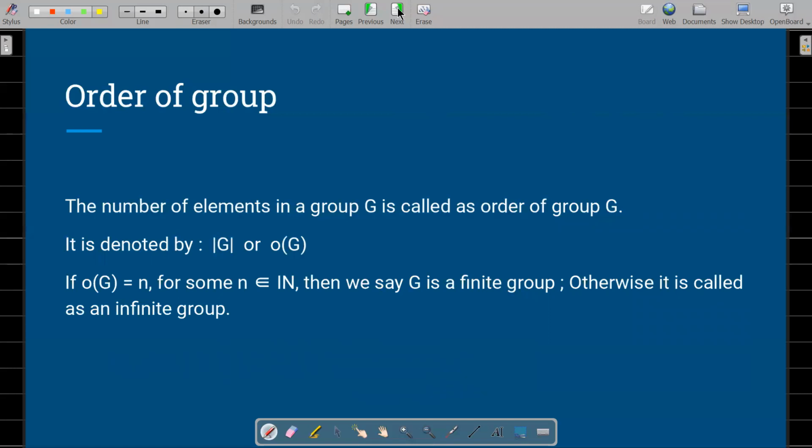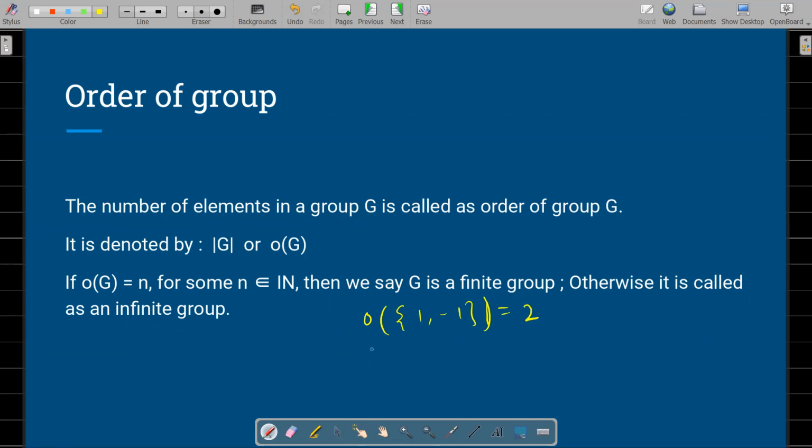Okay, so here is one more concept, order of a group. The number of elements in a group G is called the order of G. It's denoted by mod G or O of G. If the order of G is n for some natural number n, we say G is a finite group. For example, the order of 1, minus 1 is 2. Otherwise, it is called an infinite group.